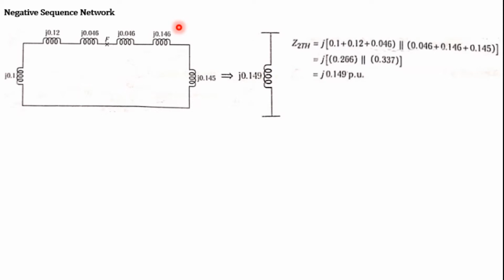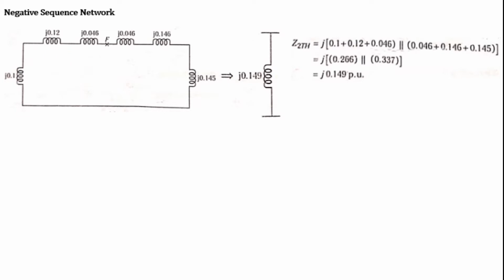Similarly, for the negative sequence network, we get it from the generator, transformer, and transmission line. Again it is divided, and then the transformer T2, and this is for the motor. The fault is at this point. No need to calculate V Thevenin for this, because it does not require any source of EMF. This is adding up till here.